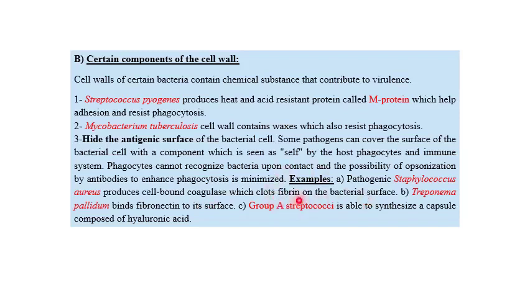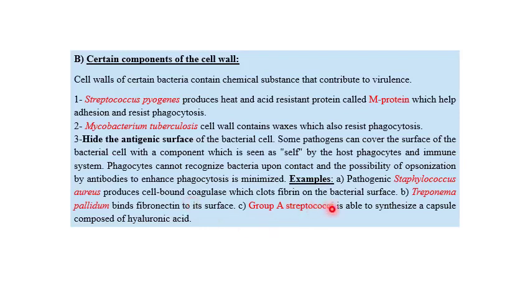We all know fibrin ده هو اللي بيعمل التجلط اللي في جسمنا البلاد clot. فإذا لما يتغطى البكتيريا covers itself with this clot, the body will not recognize it as a foreign substance. Treponema pallidum binds a fibronectin to its surface. والfibronectin ده عبارة عن serum protein. فطبعا السيروم بروتين ده موجود في جسمنا فالجسم مش هيعتبره foreign substance.